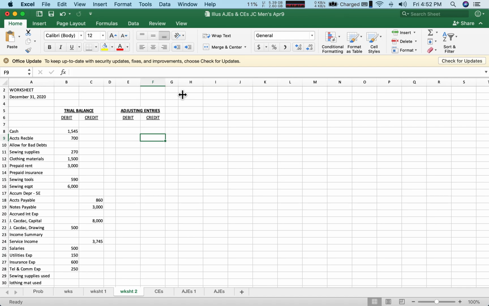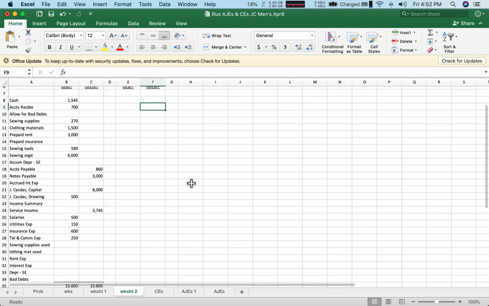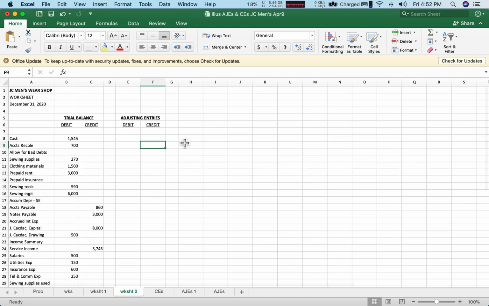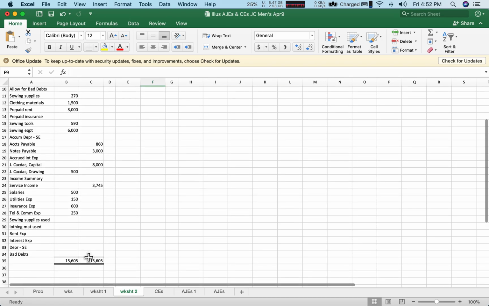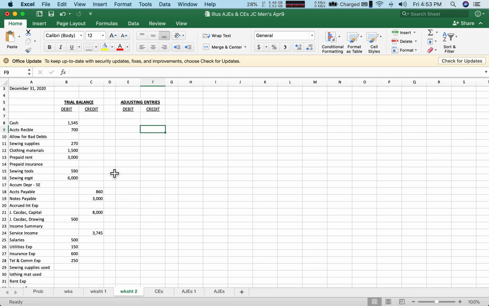Debit is depreciation. We look for the depreciation here. We already formatted, I think, the columns. There's depreciation here, so we can see what's going on.